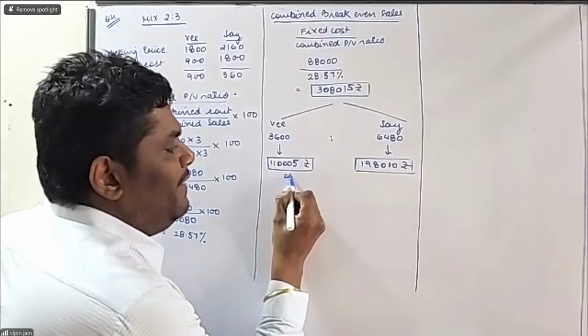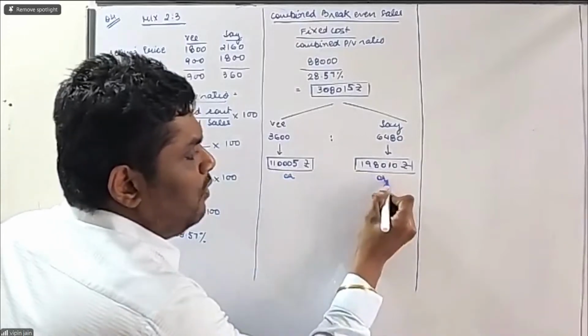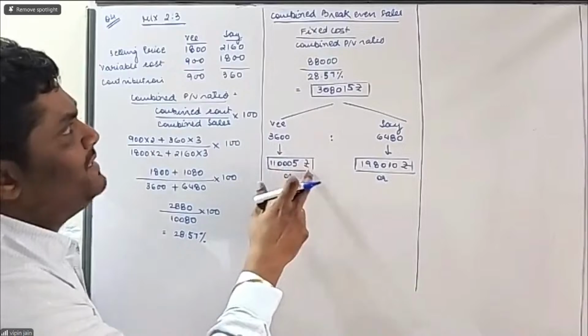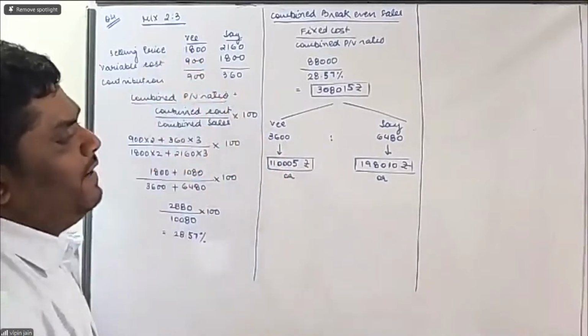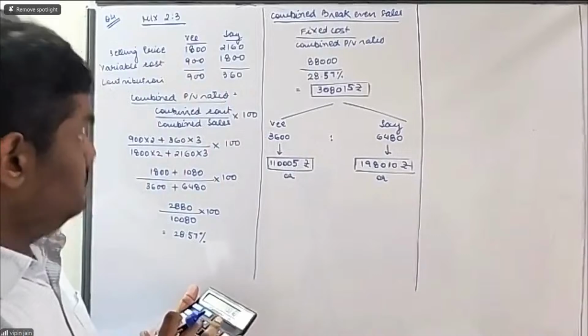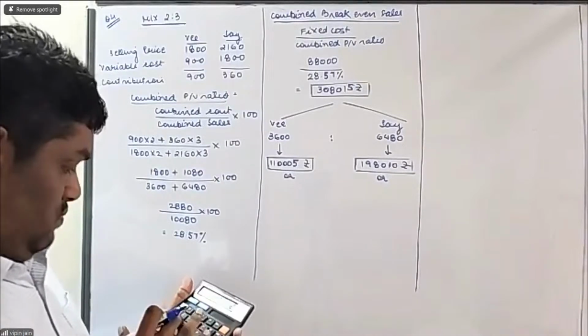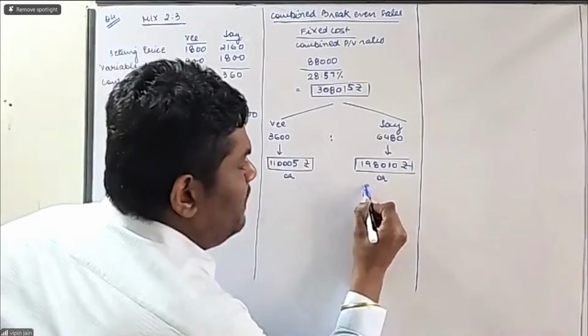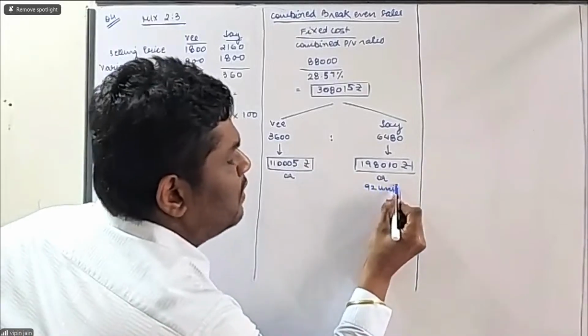We can alternatively calculate it in units also. That is, this is the sales 111005; if we divide by selling price, we will get the units. So for this, it will be 92 units.